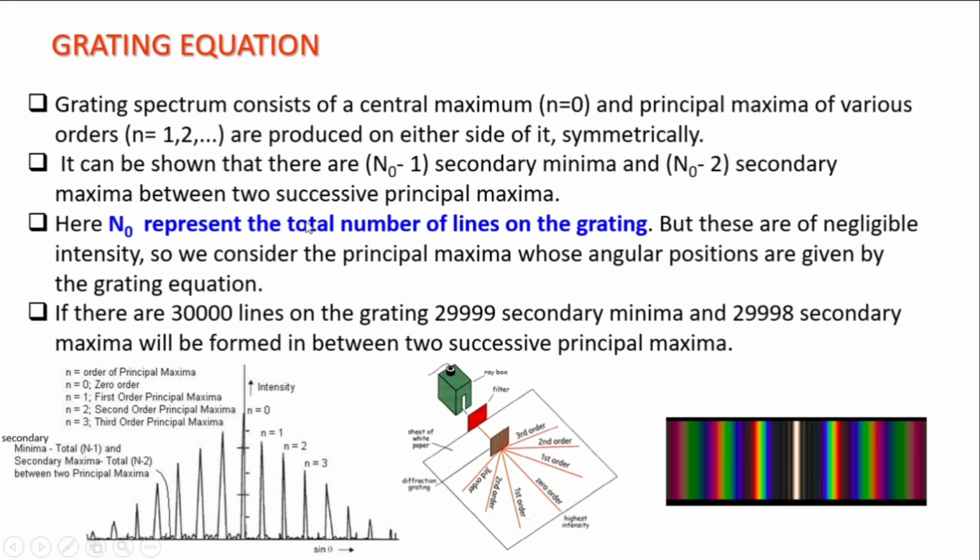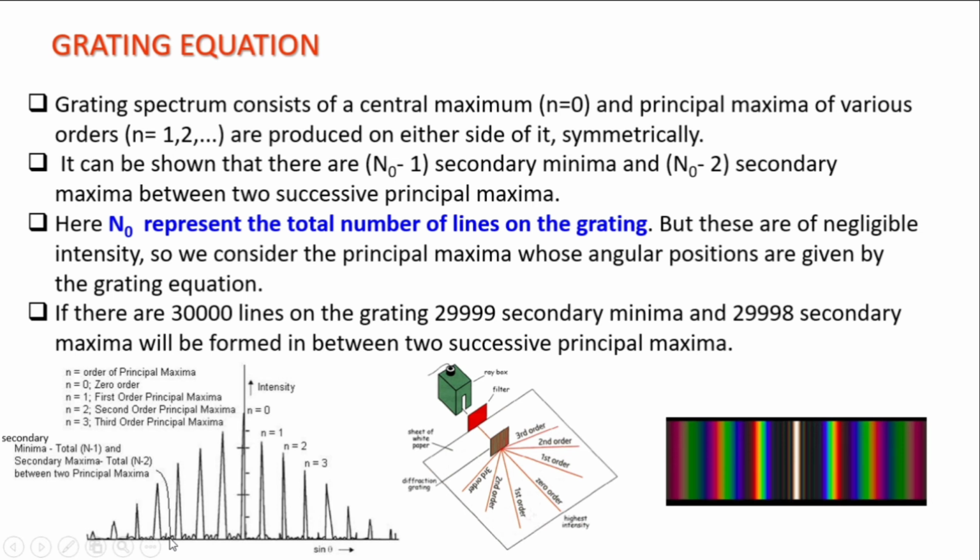It can be shown that there are N0 minus 1 secondary minima and N0 minus 2 secondary maxima between two successive principal maxima. I have already told you, we can see a small intensity pattern in between two principal maxima. These small intensity patterns are called secondary maxima and secondary minima.